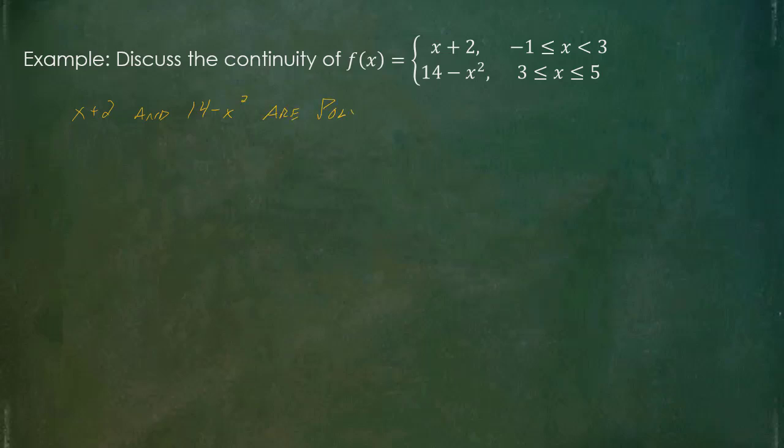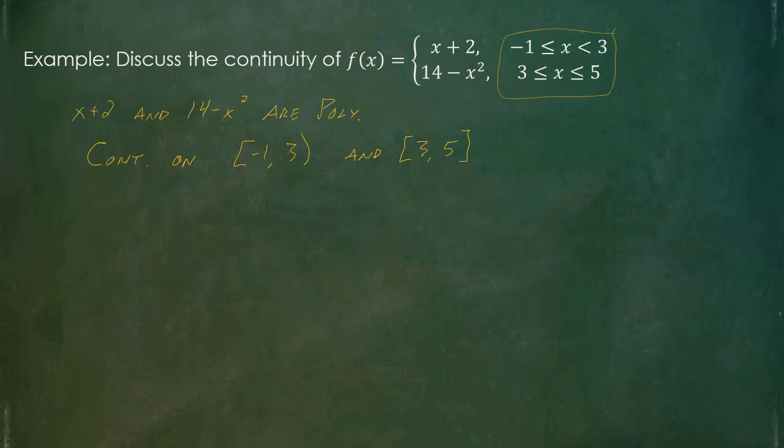Since they're polynomials, I know that on those intervals it should be continuous: from -1 until 3, but not including 3, and from 3 until 5, including both. Again, that's just taking the definition parts on the right and saying that since they're polynomials on those smaller intervals, they have to be continuous.